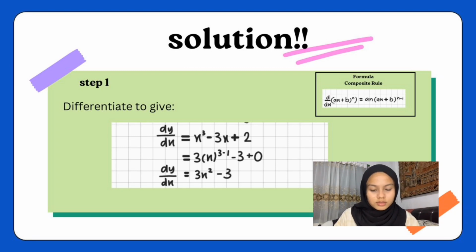So, when we differentiate, the power of 1 needs to be subtracted by 1, so the value will be 3 only. And if we differentiate 2, we get 0. So, we got the answer dy per dx equal 3x square minus 3.